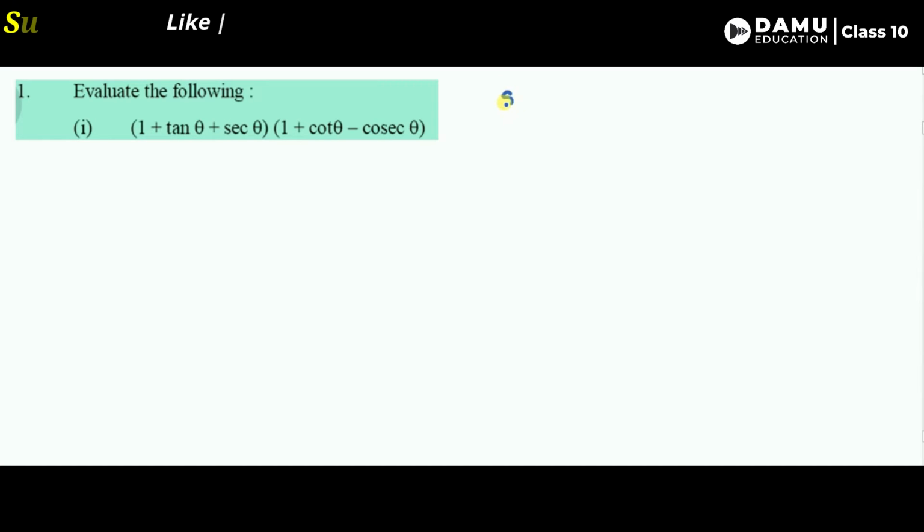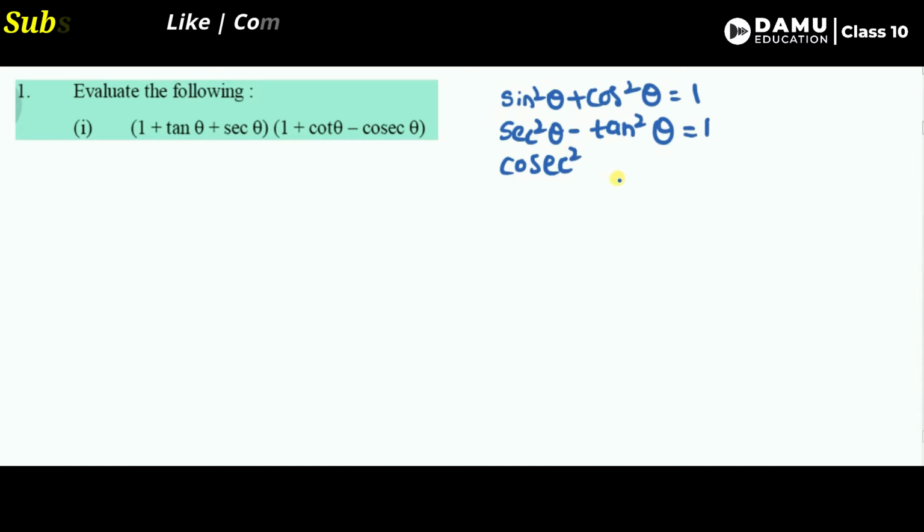The trigonometric identities are: sin² θ + cos² θ = 1. Another one: sec² θ − tan² θ = 1. Then another one: cosec² θ − cot² θ = 1. These are the three basic trigonometric identities, though there are more. Where C is there, we get cot.